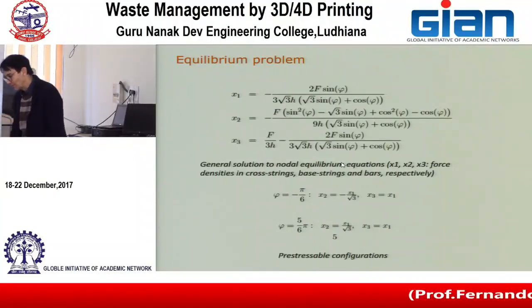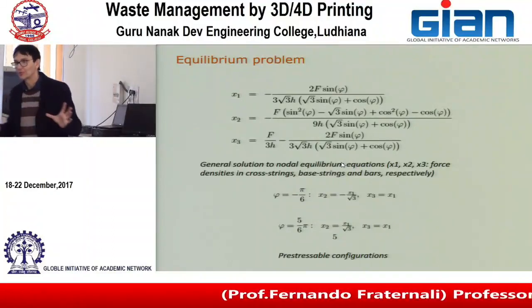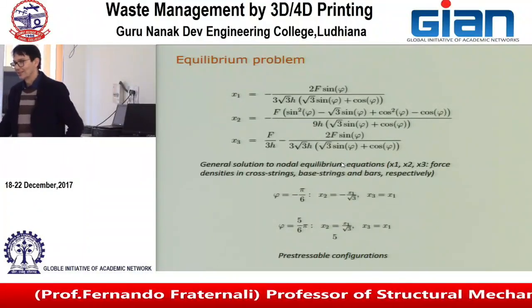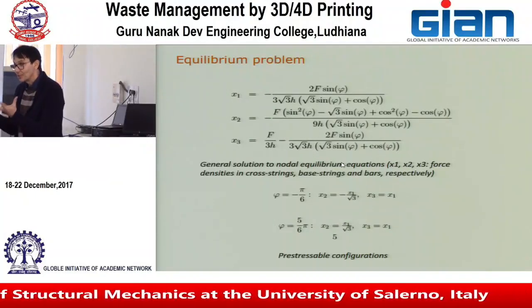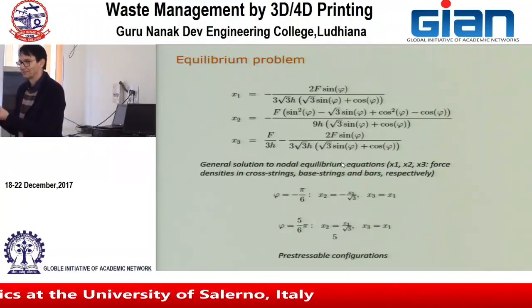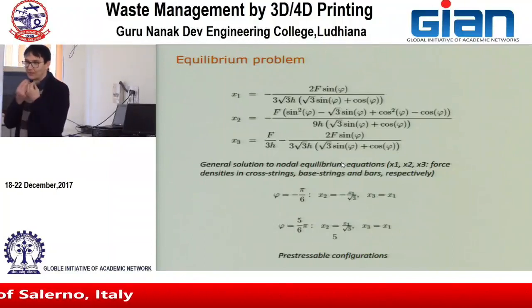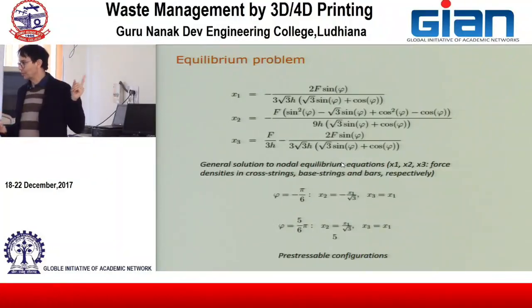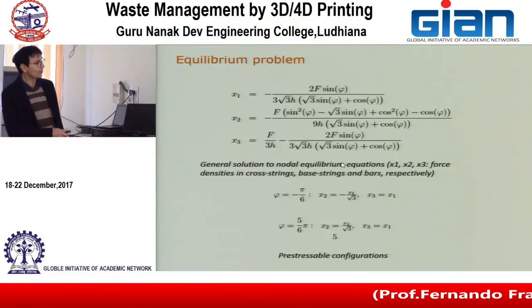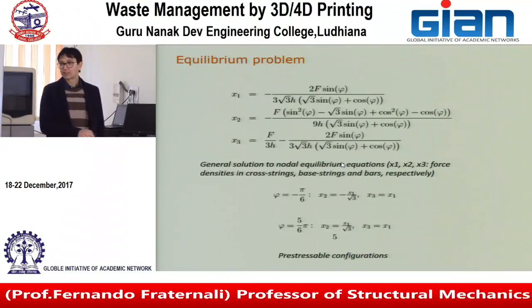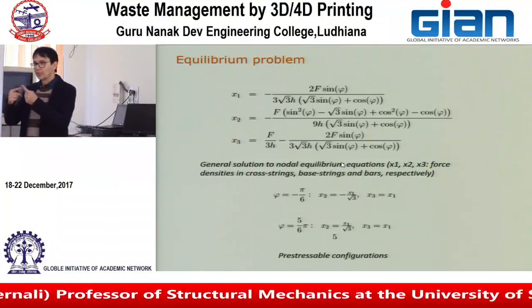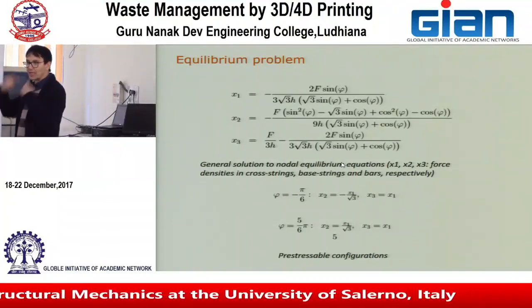Because when you make a sample and then you put it on the table, discarding the weight, it has to be freestanding. It will be freestanding if you have reached the configuration in which this is possible. So we analytically found that there are actually two configurations in which the bars and cables are in equilibrium without forces.